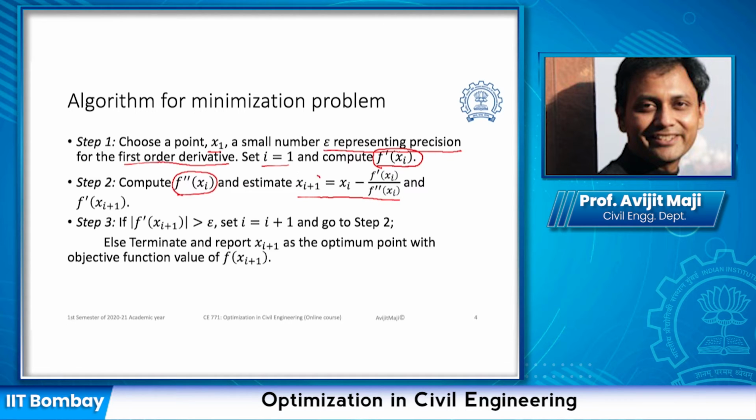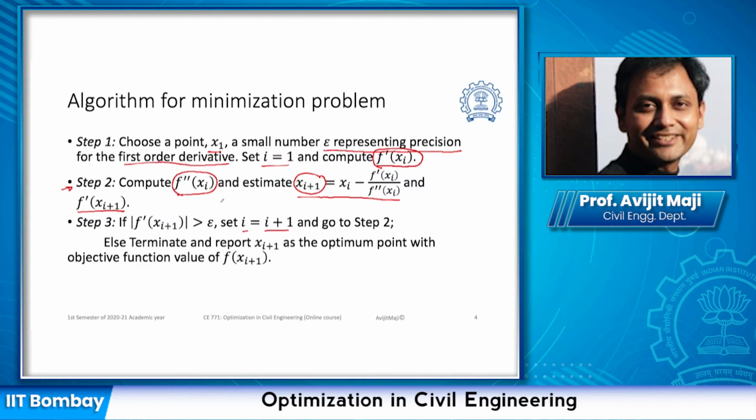Once we find the new point using this equation, we find the first order derivative at that new point, and if the first order derivative representing the slope at that new point is more than the precision level we want to achieve, then we increase the counter i by 1 and go to step 2, where we again find the next point.